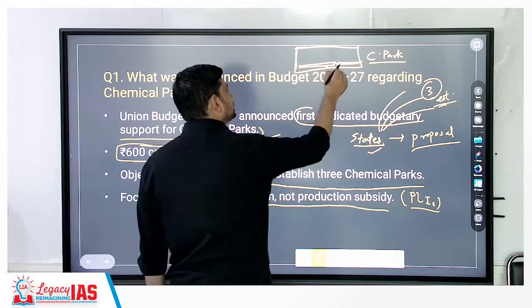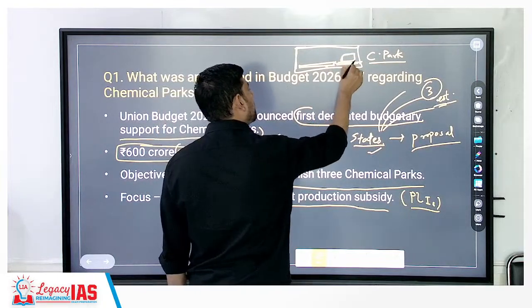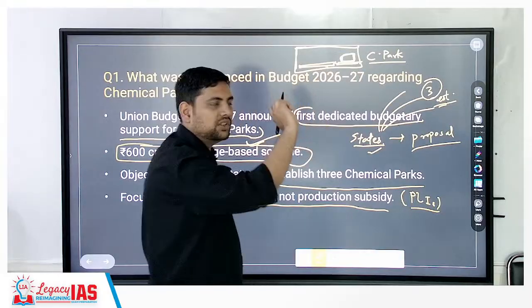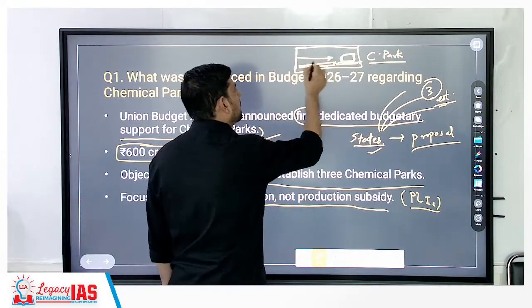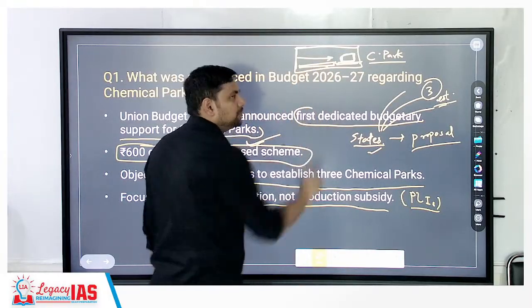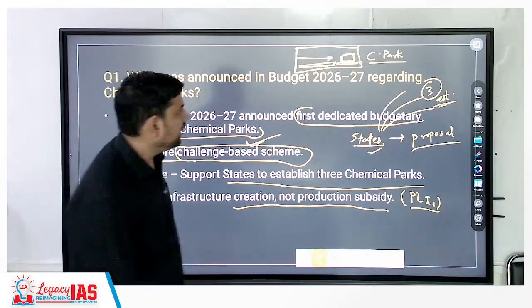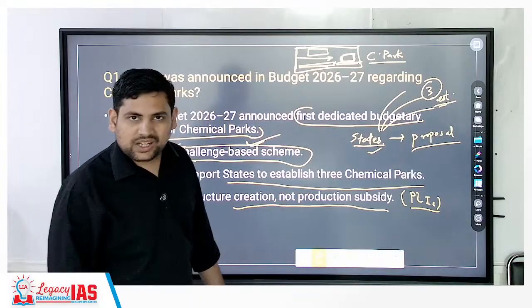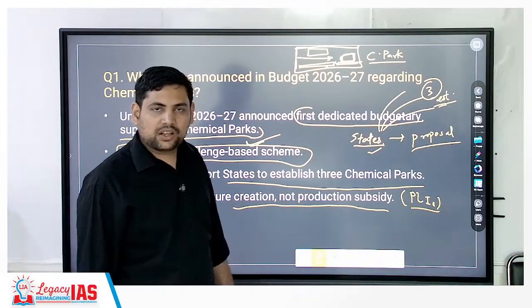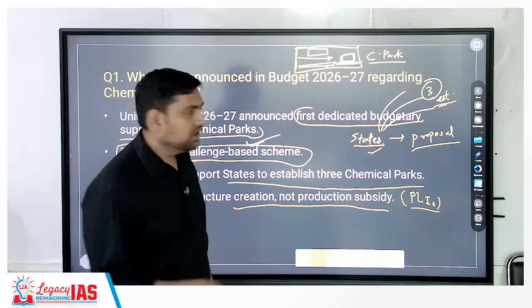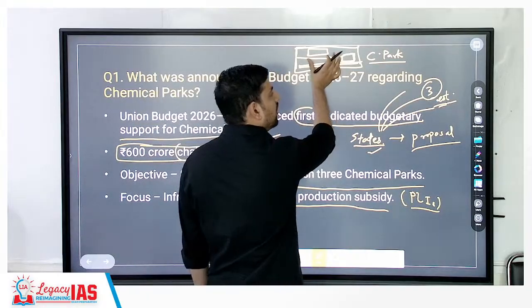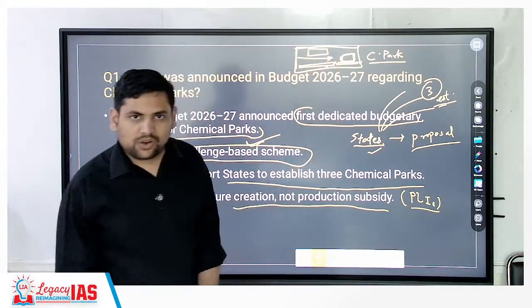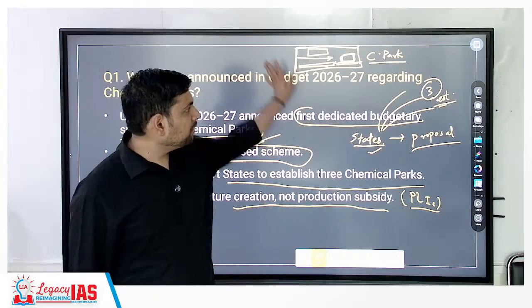Then the processing plant that will process all the waste and everything. Then they will provide proper electricity. They will provide land that is already acquired by the government to establish that chemical park. So land is already with the government. Basically space, whatever space you want, all that on lease. So everything will be provided by the government.